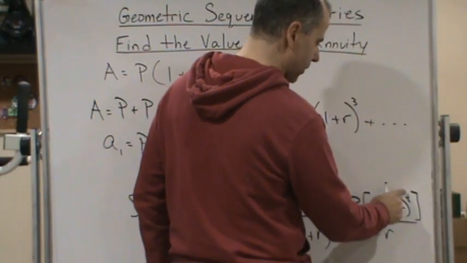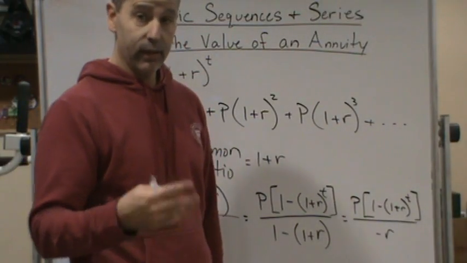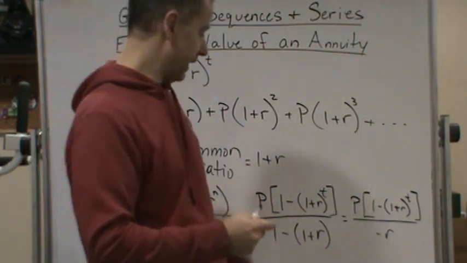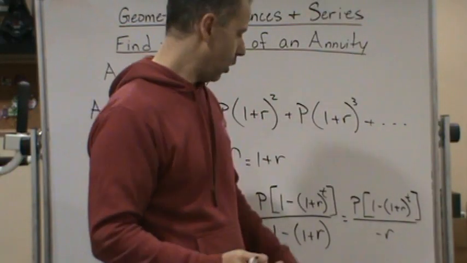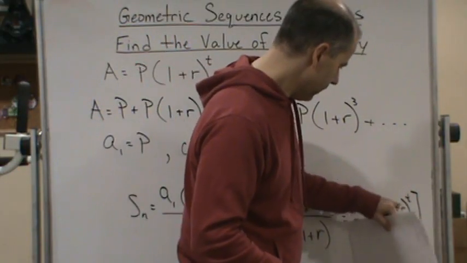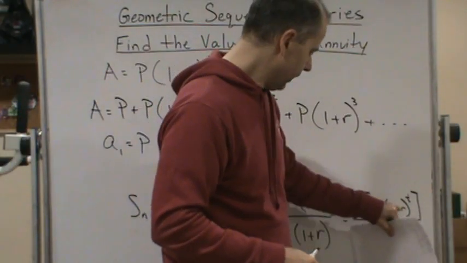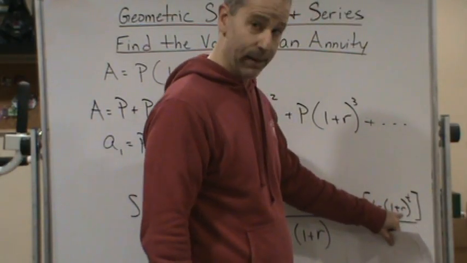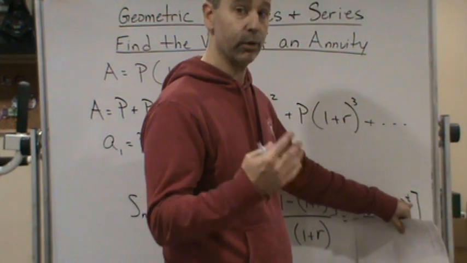but then time also has to match the compounding because if it's annual, then T has to be the number of years. So we're going to add a factor to make the time match, right? So if this is going to be monthly compounding, then we've got to have the exponent represent the number of months.